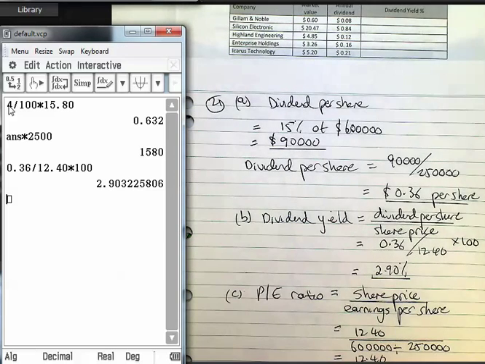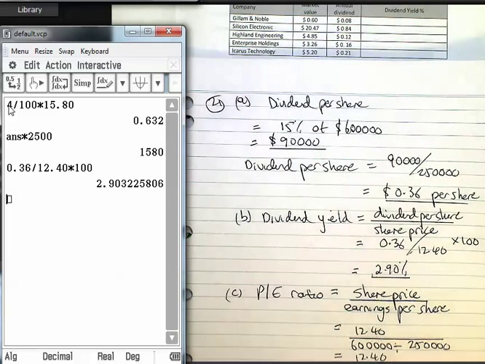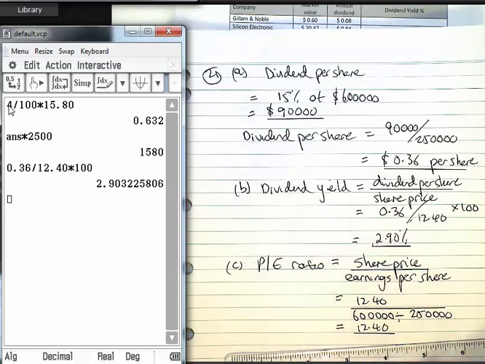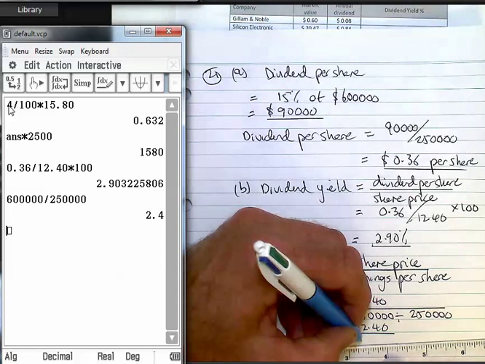Now I'm just going to do the division as a separate calculation. That's 2.4.